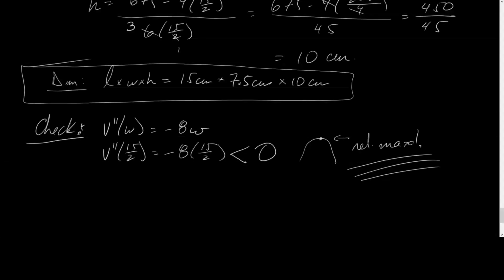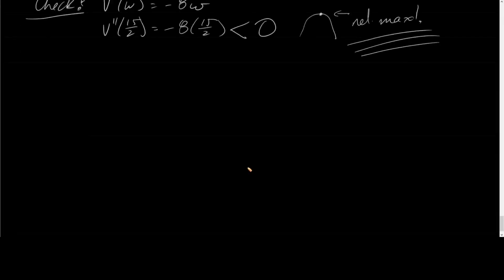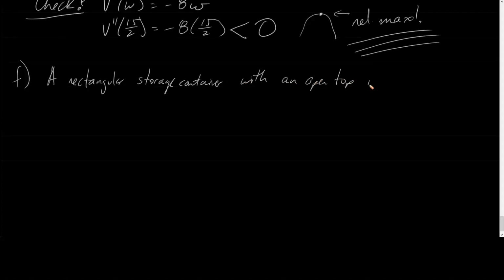So next example. So that was F. So let's get a similar problem, but a rectangular storage container with an open top is to have a volume of 10 cubic meters.